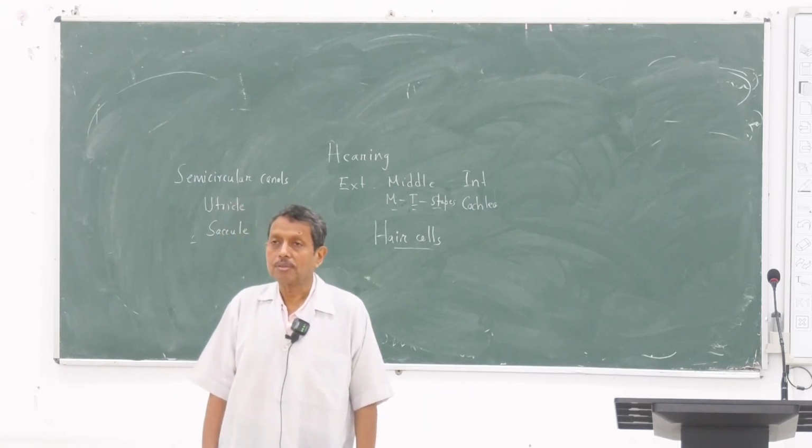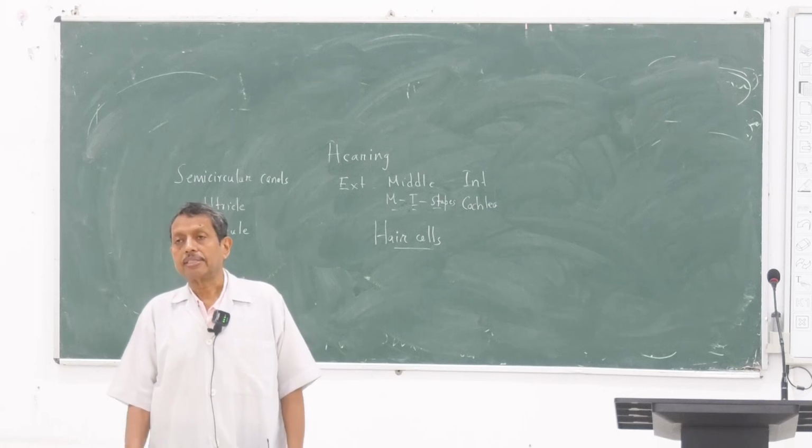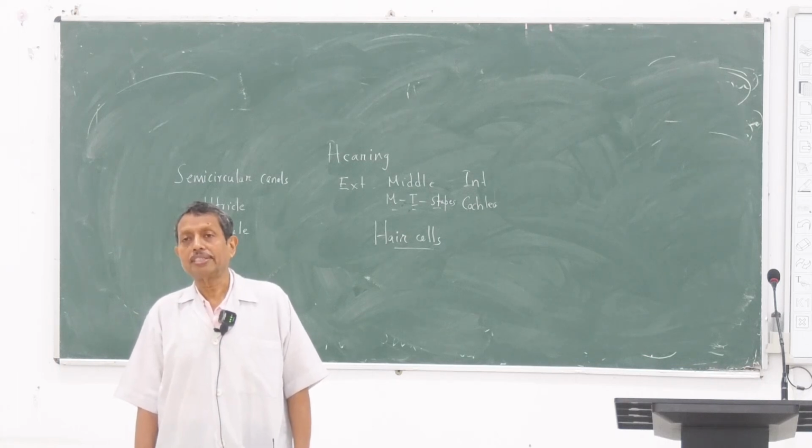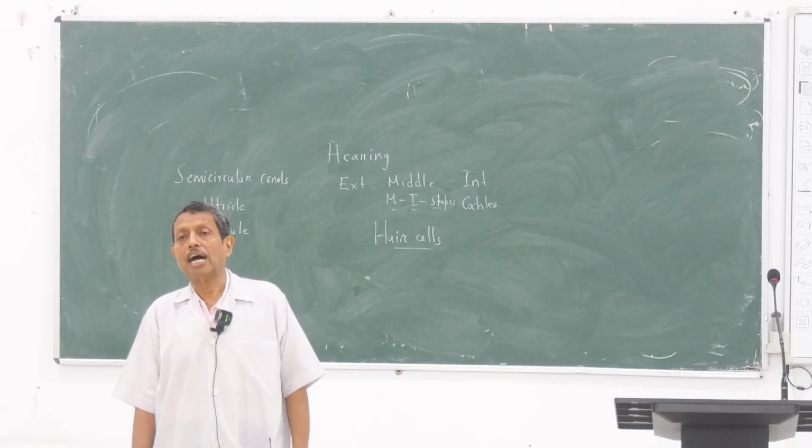This vibration is taken care of by the hair cells, and they send this information to the auditory cortex by the auditory nerve, the cochlear division of the vestibulocochlear nerve, the 8th cranial nerve.